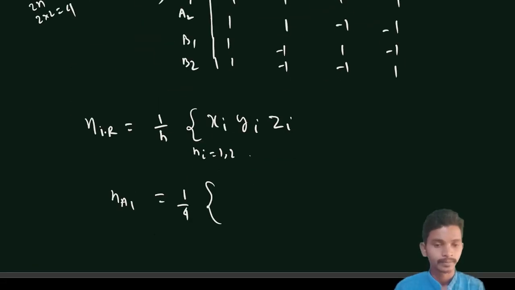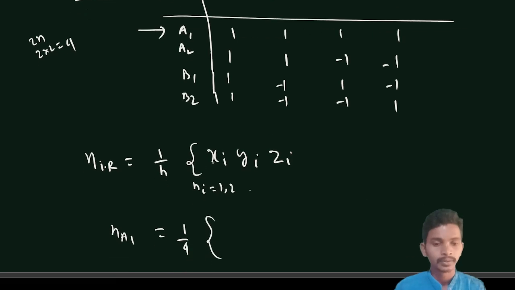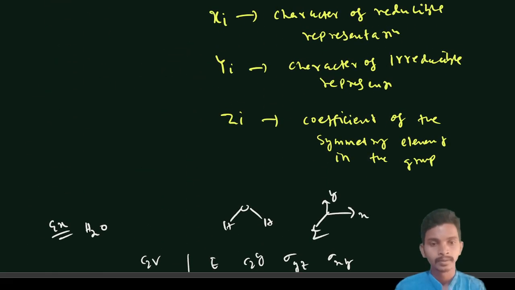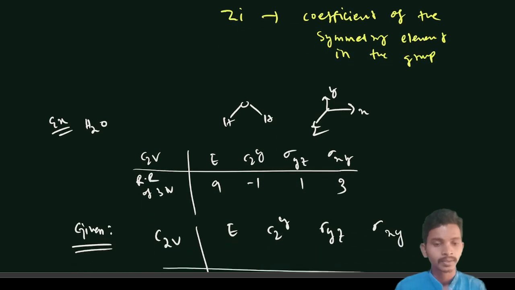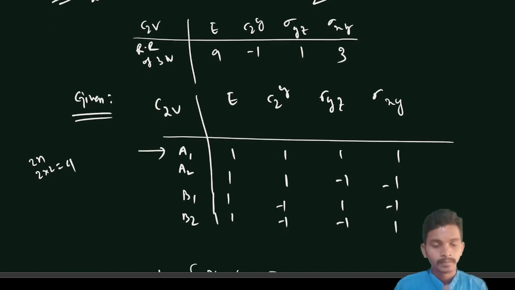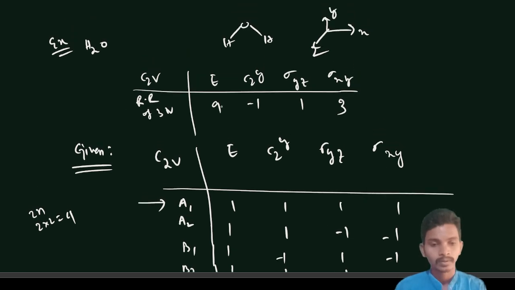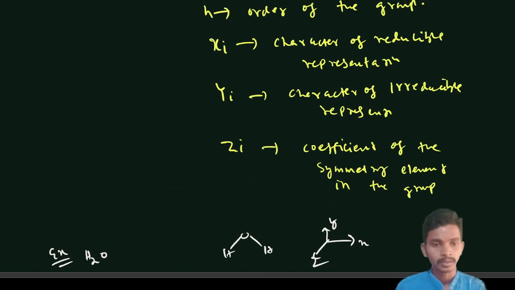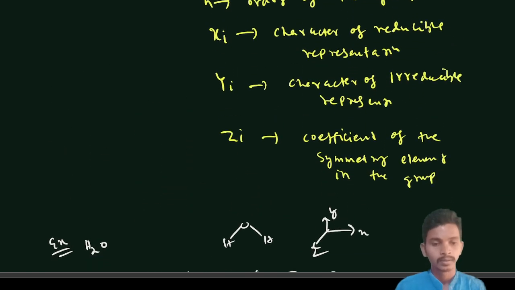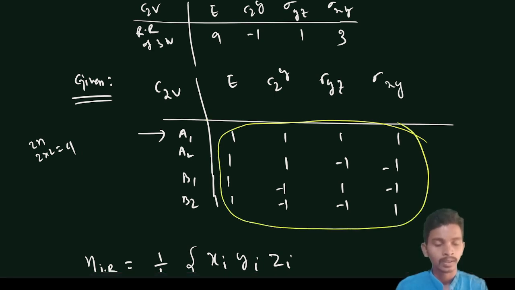So xi represents the characters of the reducible representations, and yi the characters of the irreducible representations. We discussed these while drawing that character table.